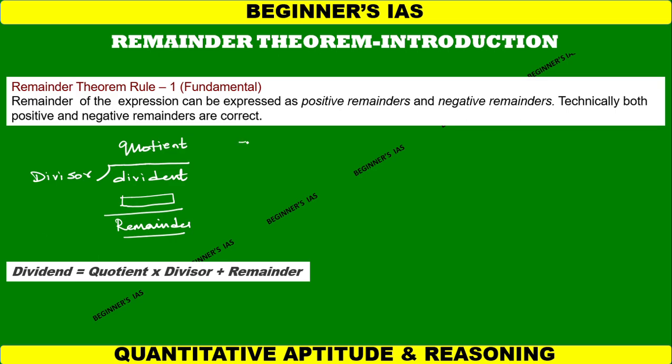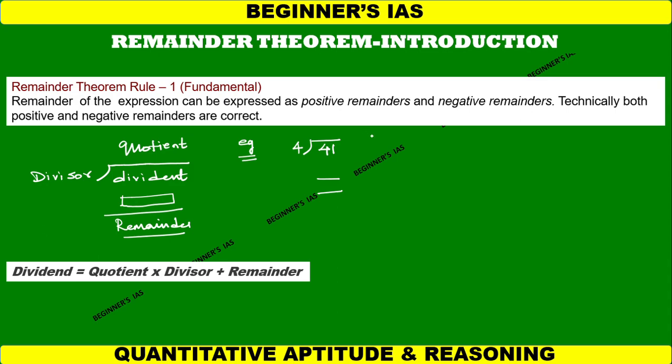Let us take a simple example to understand this and to know about the positive remainder and the negative remainder. I am taking 41 here as a dividend, and 4 as a divisor. Make sure that in order to identify the remainder, we just need to know the nearest multiple of the divisor.